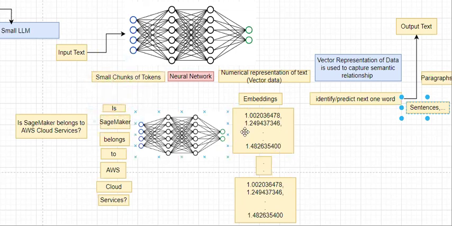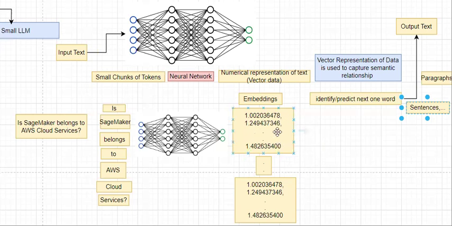This word purpose is identified by taking these many vectors of semantic relationships and identifying the whole word relationship with this word. So like that, for every word, a vector of numeric values will be taken.